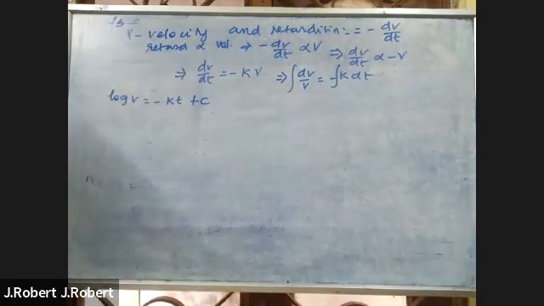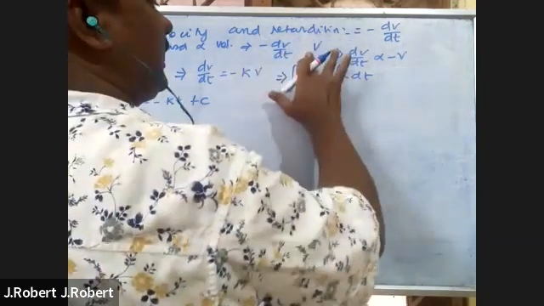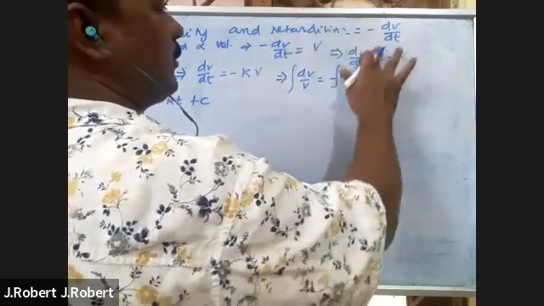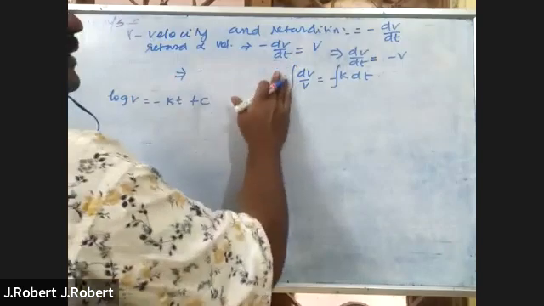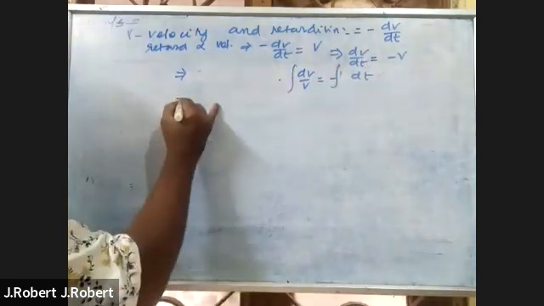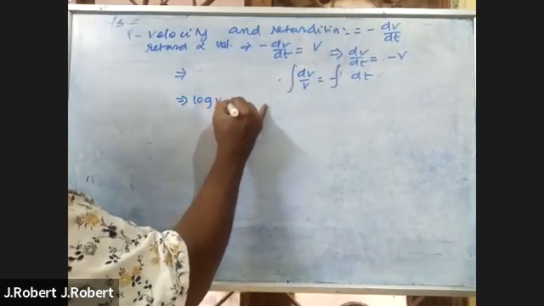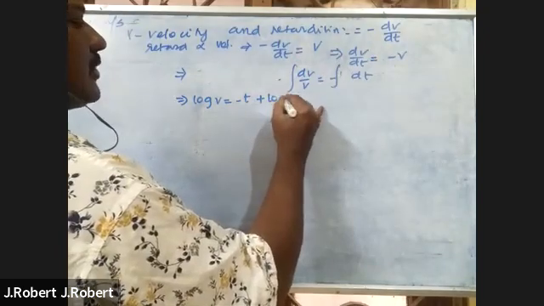Sorry, it is not proportional; if equal is given, you can write directly dv by dv is minus v. Integrating dv by v is equals to minus dt. So I can write this as log v equals to minus t. Since log appears everywhere, I can put the constant as log c.